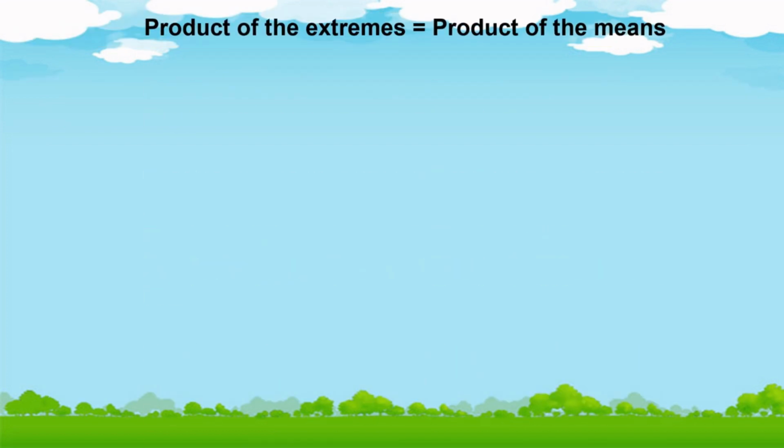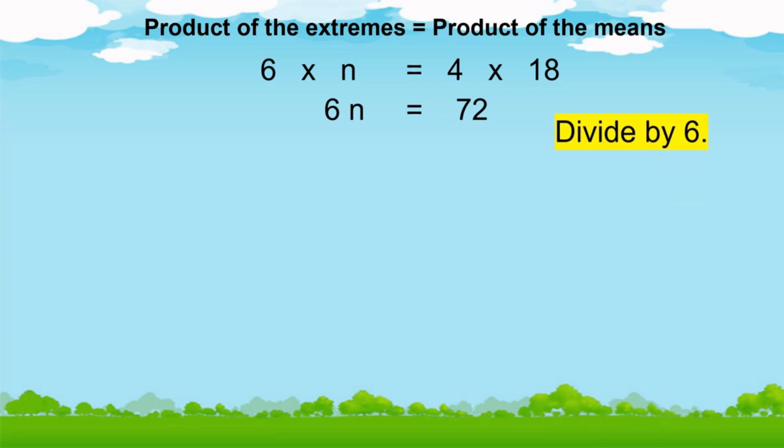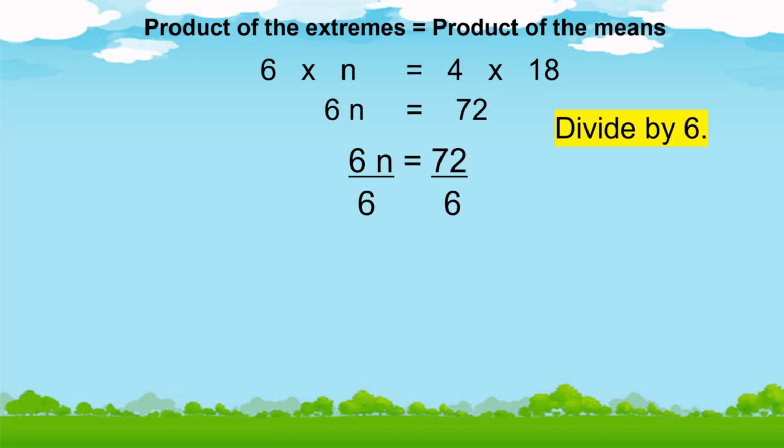Ito na po ang ginawa nating solution para makuha natin ang missing term in a proportion. We have product of the extremes is equal to product of the means. We multiply 6 by n and 4 by 18. 6 by n, we got 6n. 4 by 18, we got 72. Then we divide both sides by 6. 6n divided by 6 and 72 divided by 6.